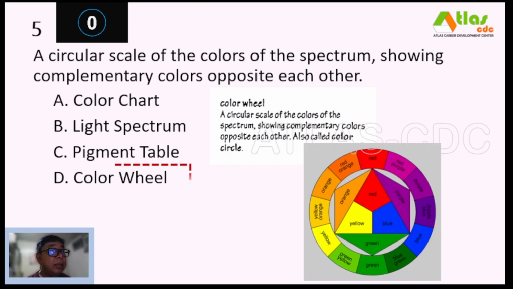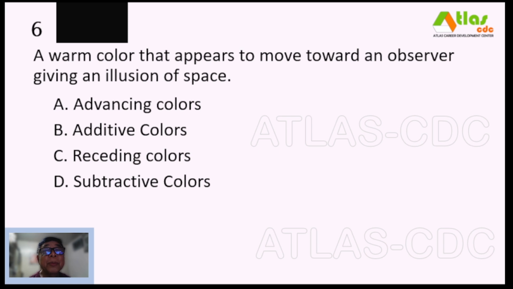And our correct answer is letter D, color wheel. That is the circular scale of the colors of the spectrum showing the complementary colors opposite each other, also called a color circle.